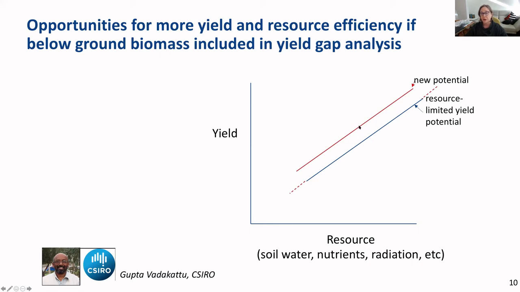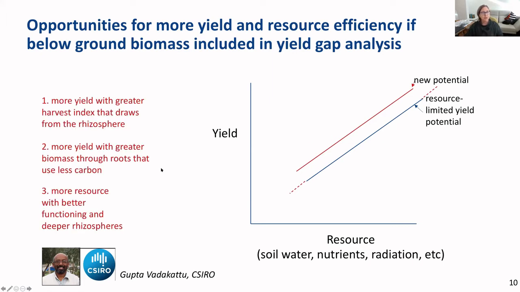But it's also possible to raise the boundary of this line to a new potential. And this can be done with modified genetics of the crop, modified processes within the crop, physiology and function, or it can be done by increasing the amount of resource that's acquired by the crop.